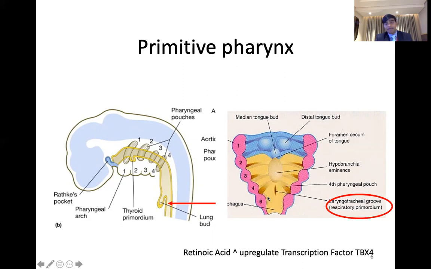This area is the floor of the pharyngeal gut. There will be increased secretion of retinoic acid, which will upregulate the transcription factor TBX4. Because of the increase in TBX4, the laryngotracheal groove appears.